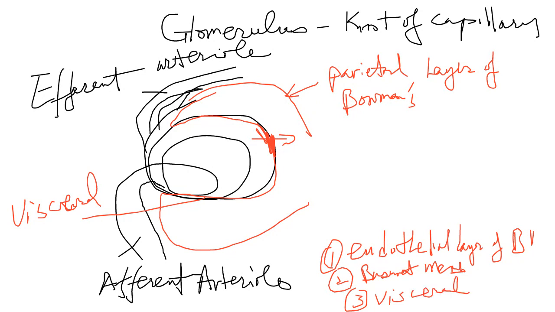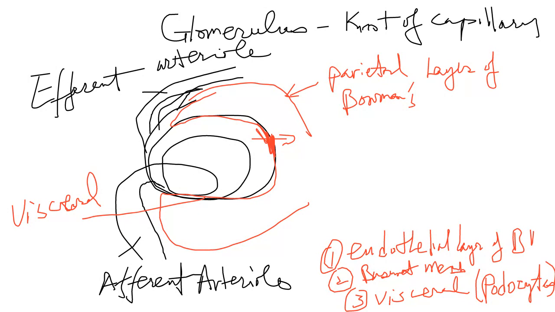The visceral layer of the Bowman's capsule, by the way, has these cells that look like foot processes, also known as podocytes. Okay? Podocytes are cells that form the visceral layer of the Bowman's capsule.